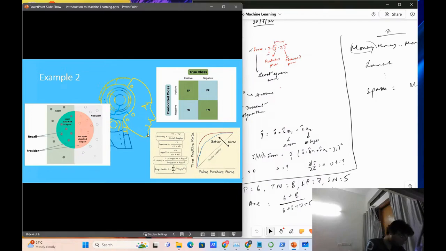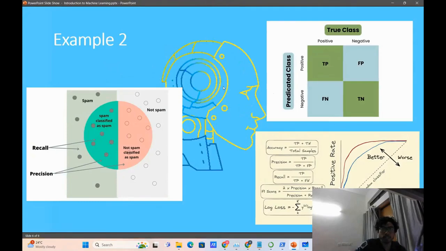It's 53%, 0.53. Right. Okay. So now I guess you have understood what true positives, true negatives, false positives, false negatives, and all those things are.